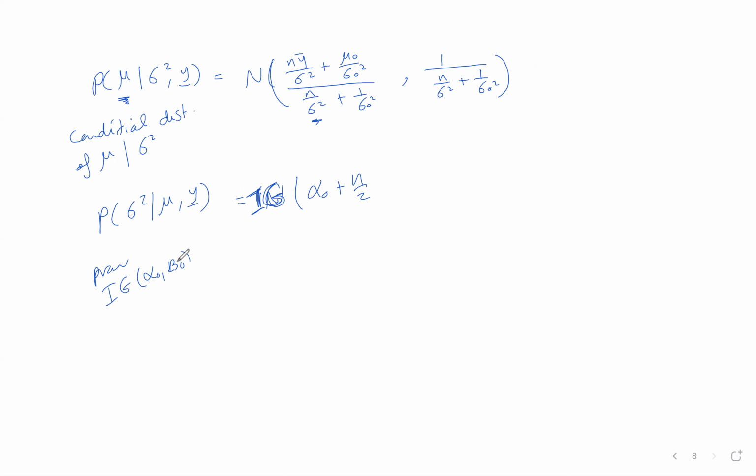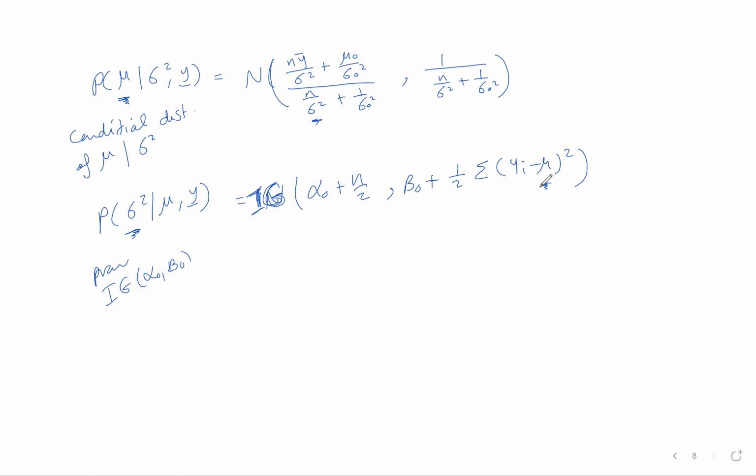It's up to you. And the second parameter, beta star, is beta 0 plus 1 divided by 2 times the sum of (yi minus mu) squared. Before you used n s squared divided by 2, I know. But I changed n s squared to be the sum of (yi minus mu) squared, because I want to show you that the distribution of sigma squared depends on mu.